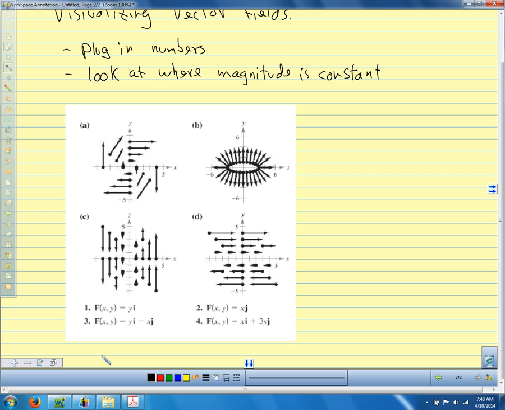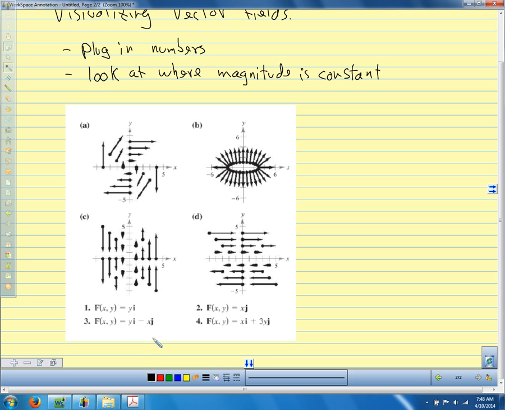So the way I look at this one, first thing we see about this is it only has an i component. And the vectors are going to have the same magnitude at a particular y value, so along a horizontal line.